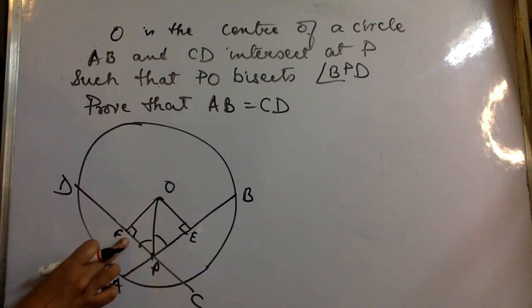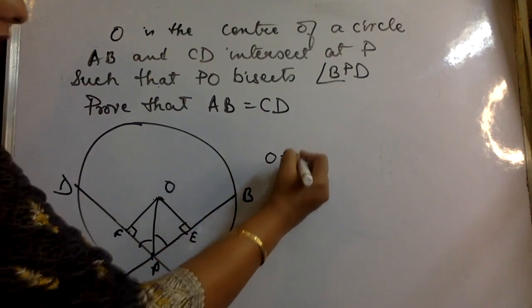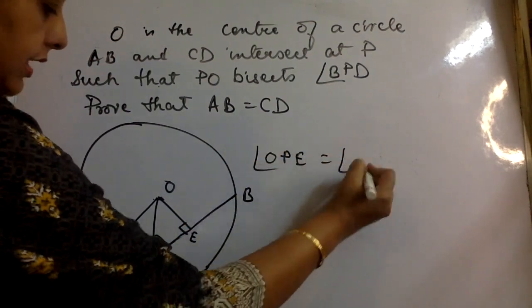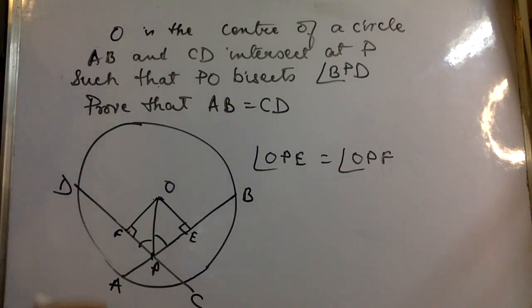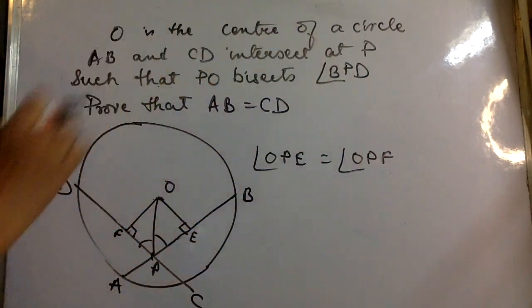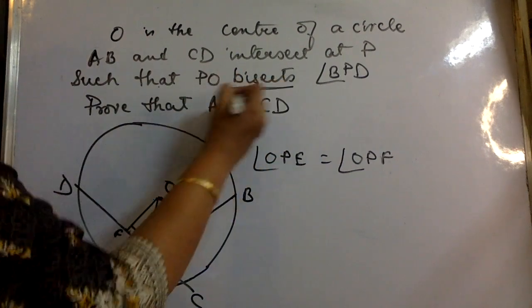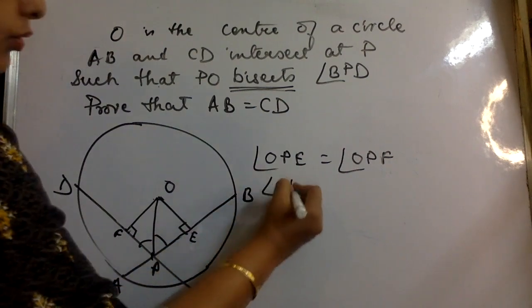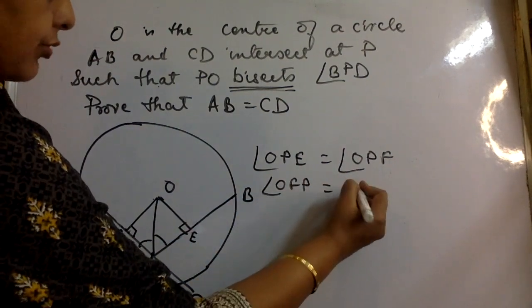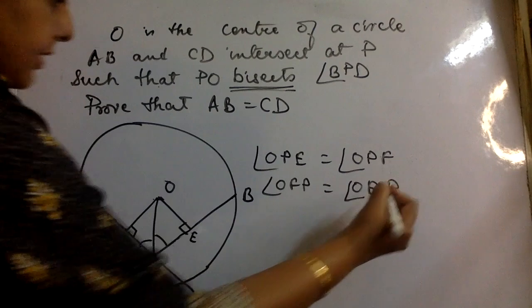Angle OPE is equal to angle OPF. Why is angle OPE equal to angle OPF? Because they have told us PO bisects the angle. Angle OFP is equal to angle OEP.